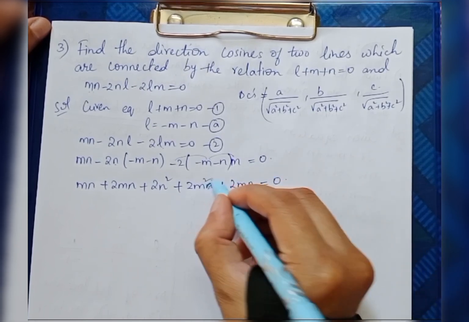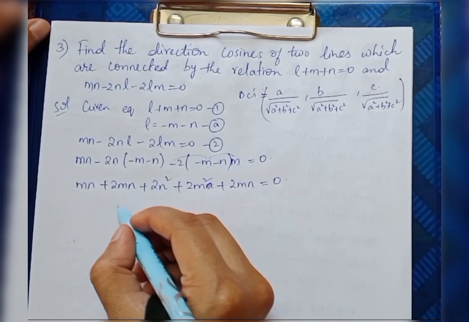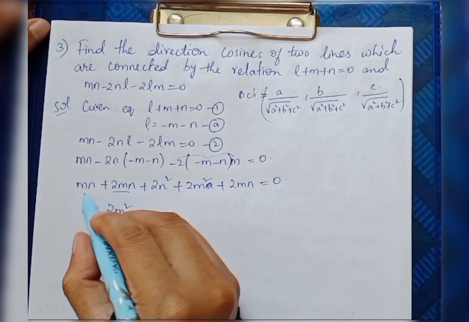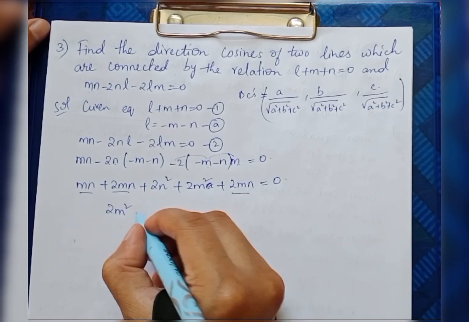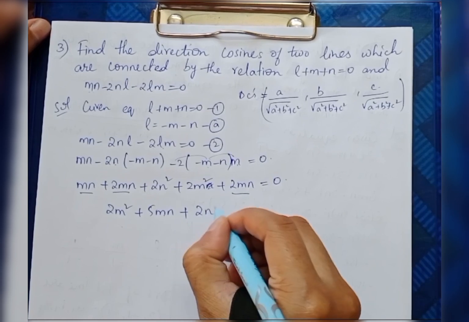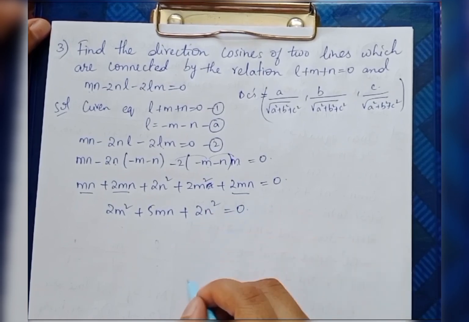Sorry, here it is m square. M into m is m square. Okay. So it is 2m square, 2mn, mn and 2mn is 5mn plus 2n square equals to 0.